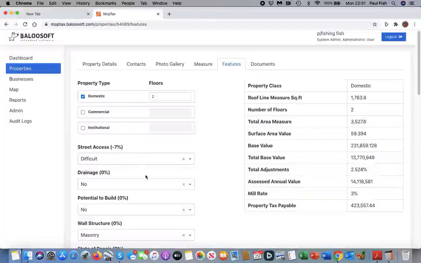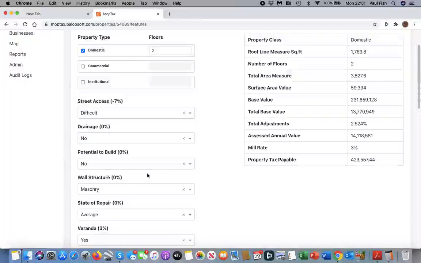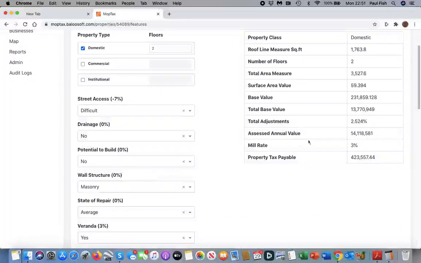So by taking all of these adjustments together, this example house at Lady Hall street is 2.524% better than a typical house. And that percentage is added to find the assessed annual value of 14.11 million points. So we'll do that little calculation.